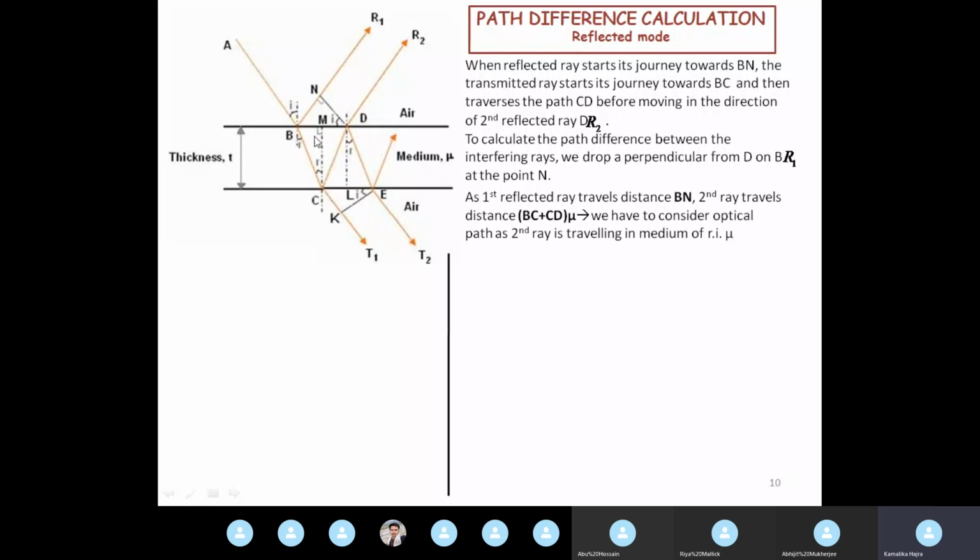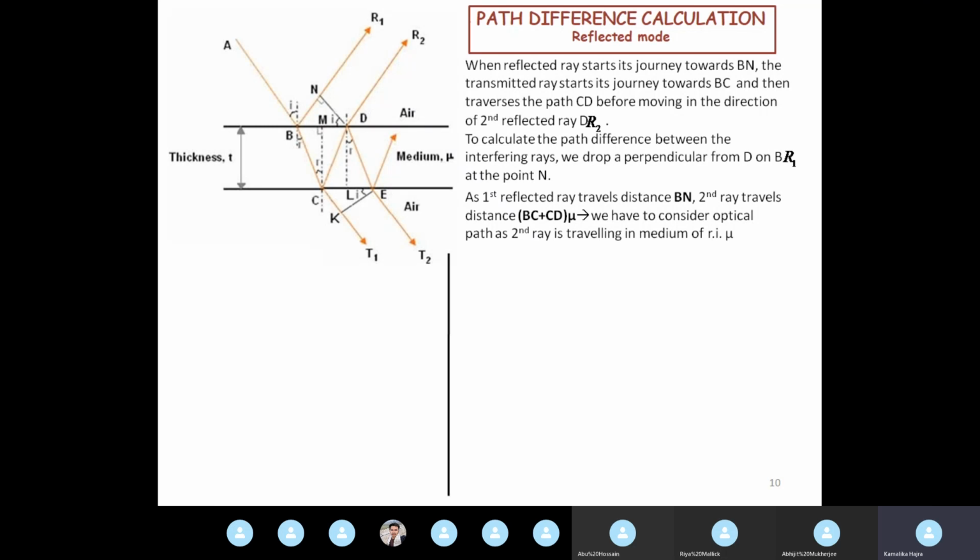But while the first ray goes from B to N, the other ray travels a distance BC plus CD, and since it is traveling this distance within the medium of refractive index mu, remember we have to replace its geometrical distance by the optical path, which is given by geometrical distance multiplied by refractive index.